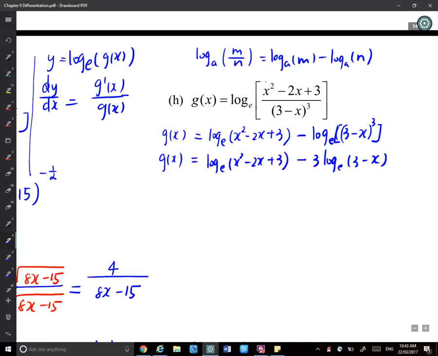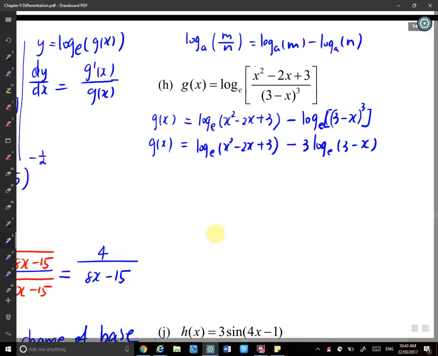Because even though I know the chain rule, I don't want to use it that often. I try to make it as simple as possible. So if I drag the 3 into the front, that can make my equation really simple. So why find the derivative of g dash x? I want to derive the things inside.